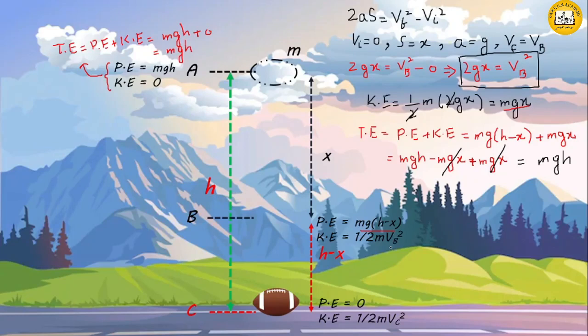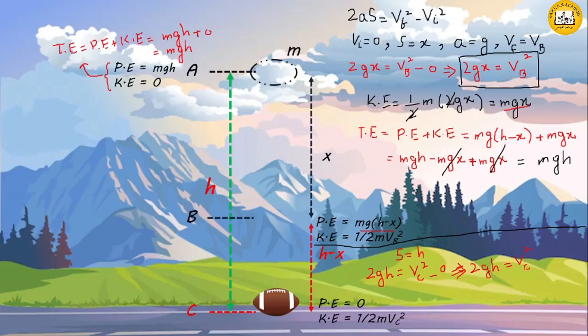All the parameters we discussed for finding vb remain the same for vc, except that instead of distance x, the distance is now the total height covered by the body. Putting values in the third equation of motion, we get vc square is equal to 2gh. After putting it in the equation, we get kinetic energy mgh.